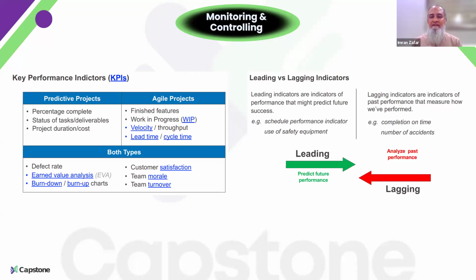We can utilize leading and lagging indicators to predict future performance or analyze how we have performed till now. So for predicting future performance, we use leading indicators, how our future performance will be, and analyzing the past trends is called lagging indicators.